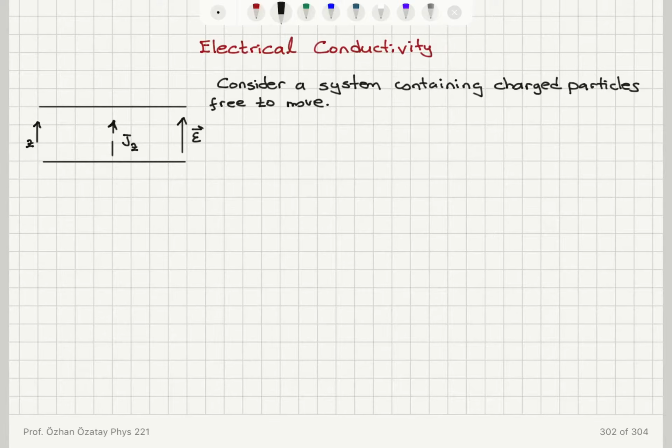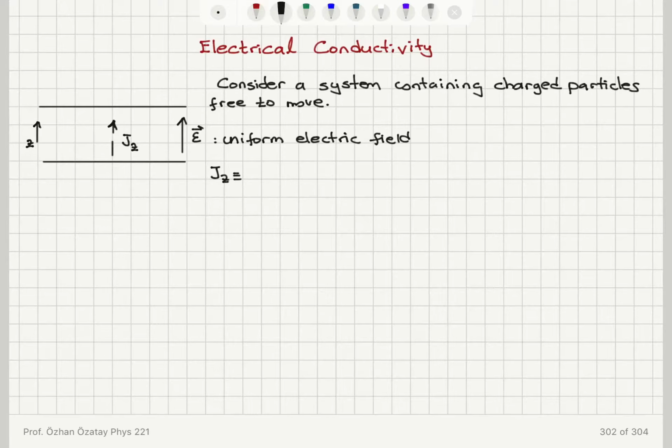And we have a uniform electric field epsilon that points in the positive z direction, and there is a current Jz that flows in the positive z direction.